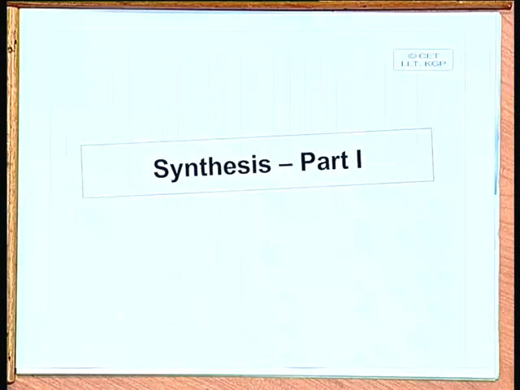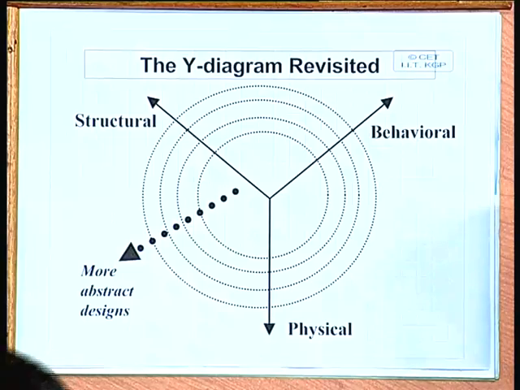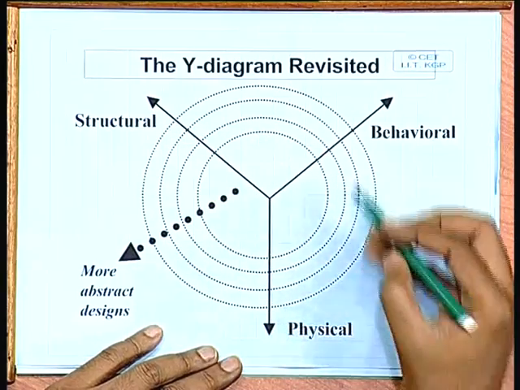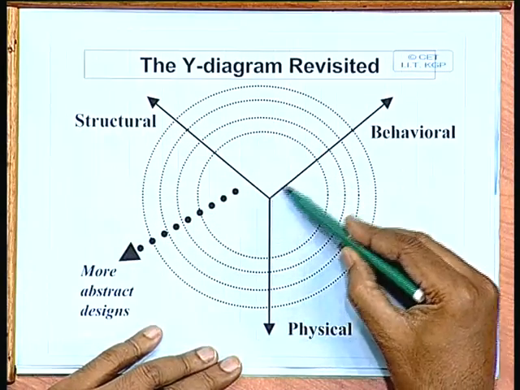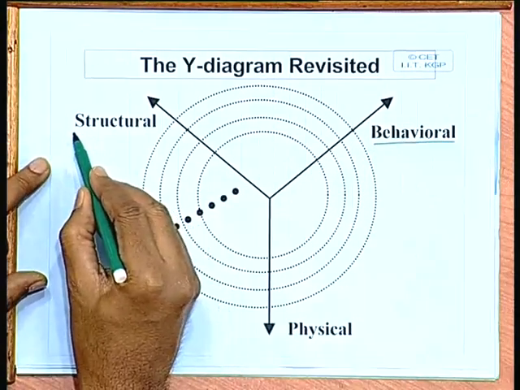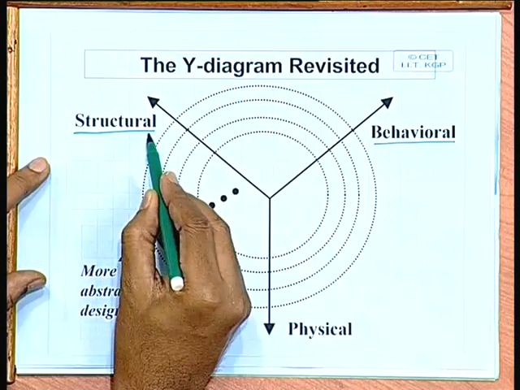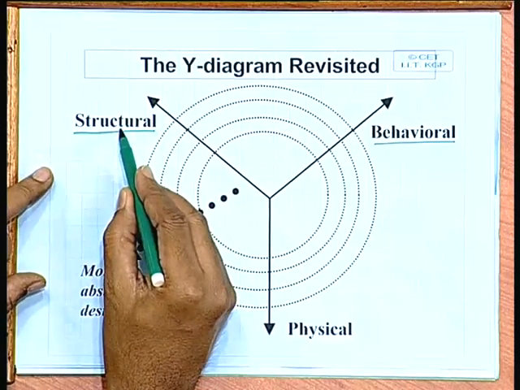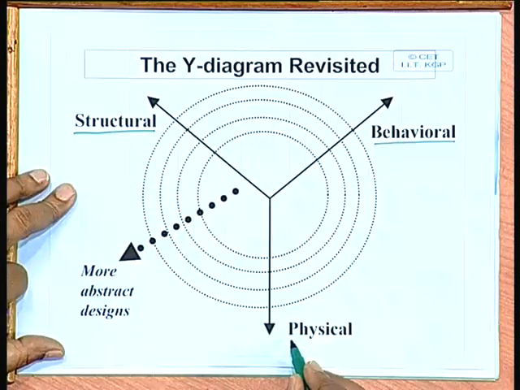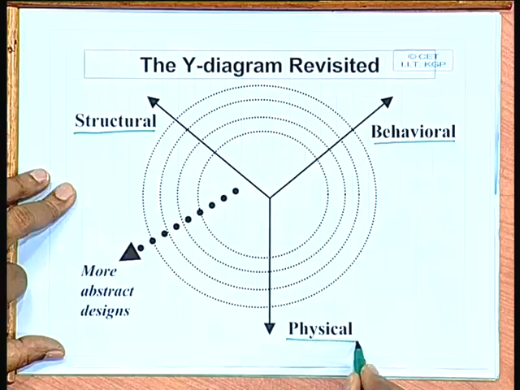Now, in order to do that, we first look at the so called Y diagram again, which we had seen earlier. Now, in this Y diagram, if you recall, there are three dimensions or axes to a design. The same design we can specify with respect to its behavior, with respect to its structure, where at this level the design would consist of a block diagram, some cells and their interconnections, and finally the implementation level or the physical level.